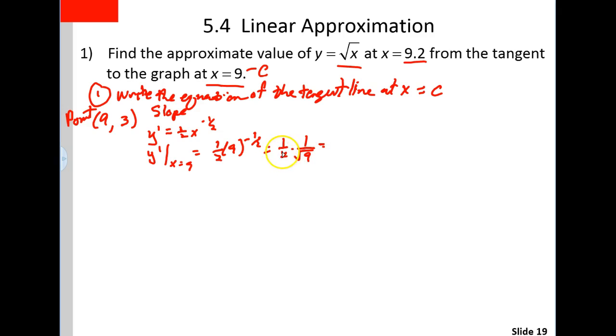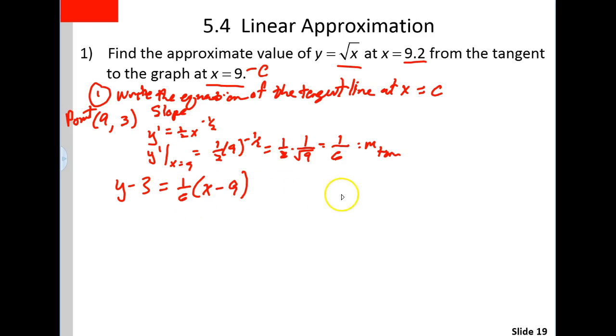So the square root of 9 is, of course, 3. So 1/2 times 1/3 is 1/6. So that is the slope of the tangent line. So make sure you write yourself that note. And so our equation of the tangent line is going to be y minus 3 equals slope of 1/6 times x minus 9.